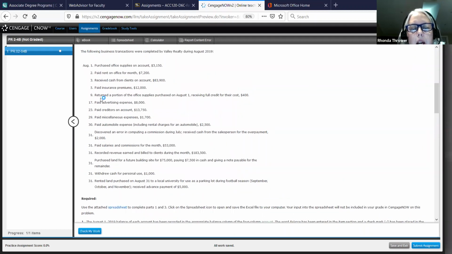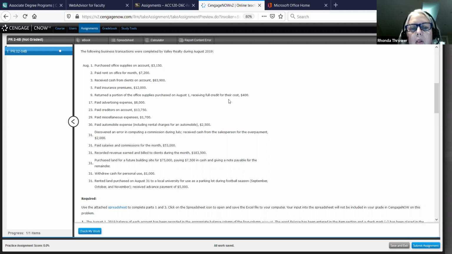On August 9th, we returned a portion of office supplies that was purchased on August the 1st, receiving full credit for their cost of $400. In this situation, we've decided for whatever reason, we don't want to keep some of the assets, supplies that we purchased from the August 1st transaction.